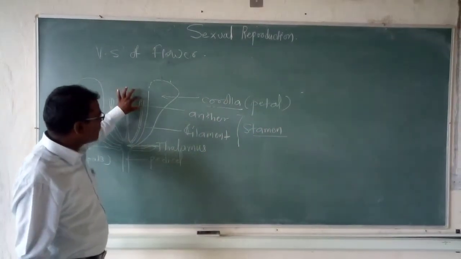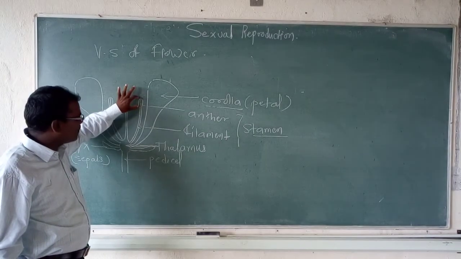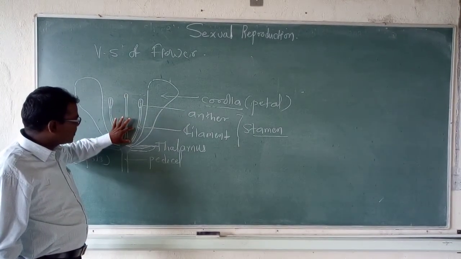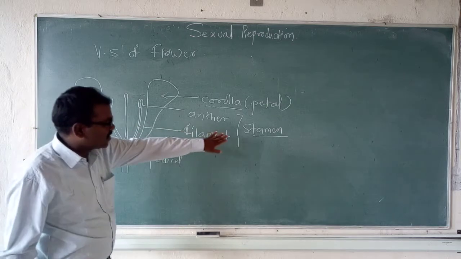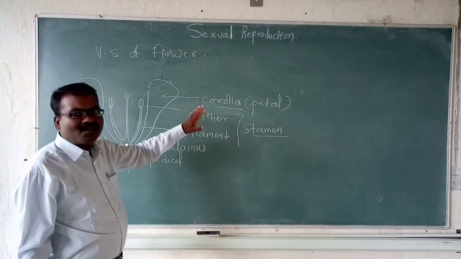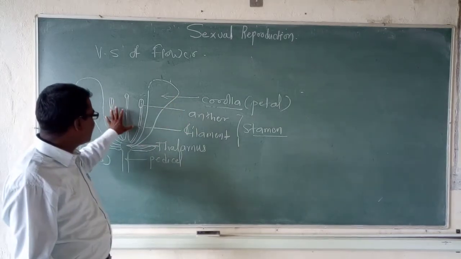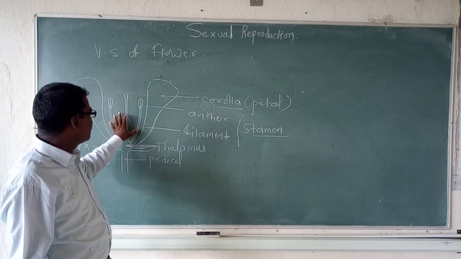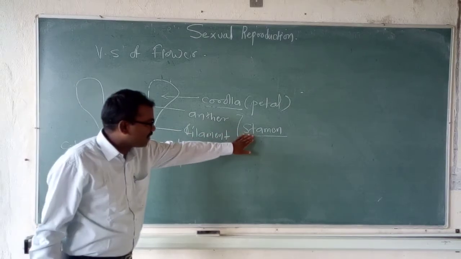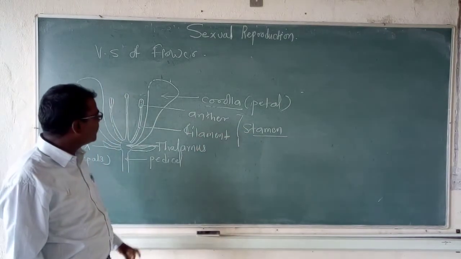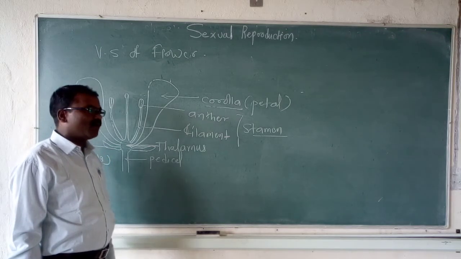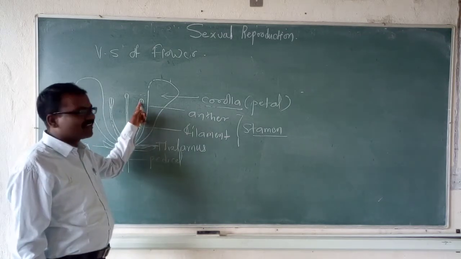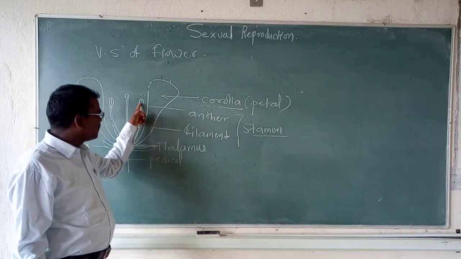Stamen consists of an apical region called the anther, and the next region, the elongated long portion, is called the filament. Together they are called the stamen. A number of stamens are present in the flower. Here we have drawn only 2 stamens. What is the function of the stamen? Stamen is the male reproductive whorl of the flower which produces pollen grains inside the anther.